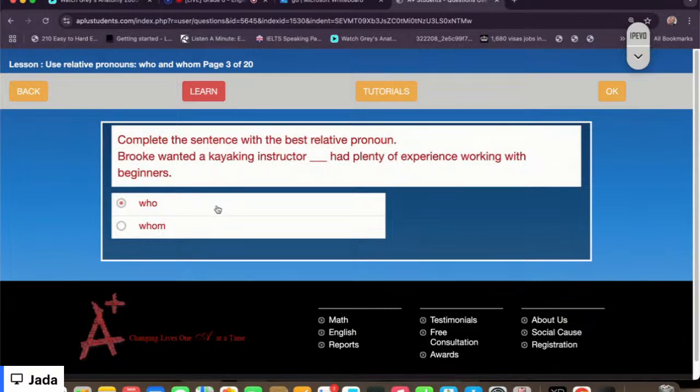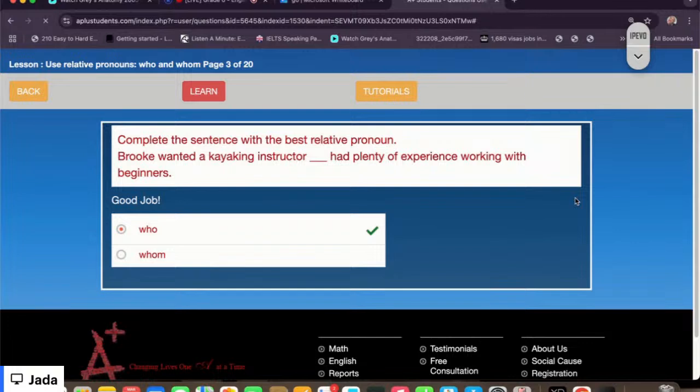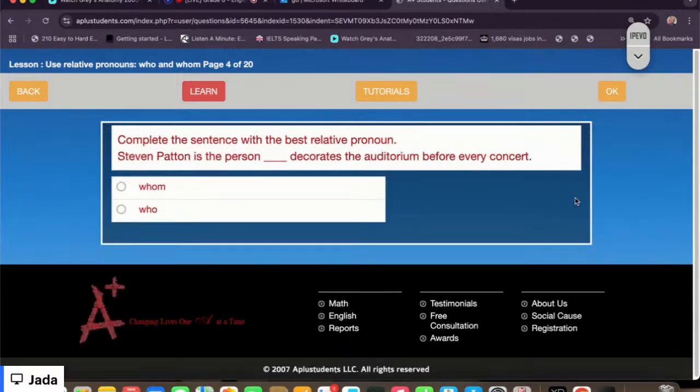So we will say what? Who also. So you can say he had plenty of experience working with beginners if you want to restate the sentence.